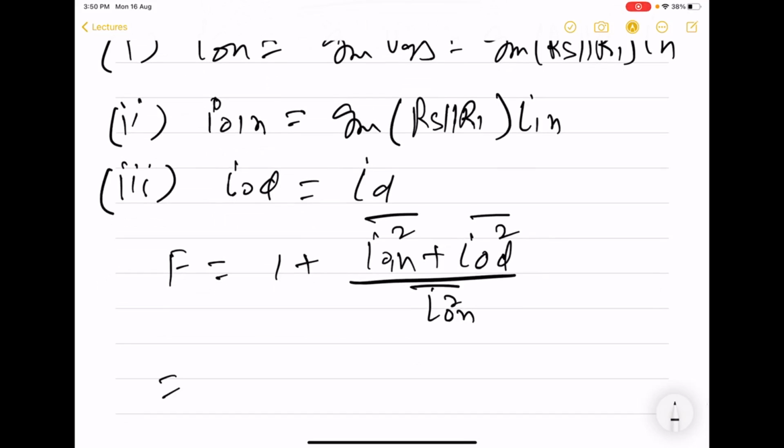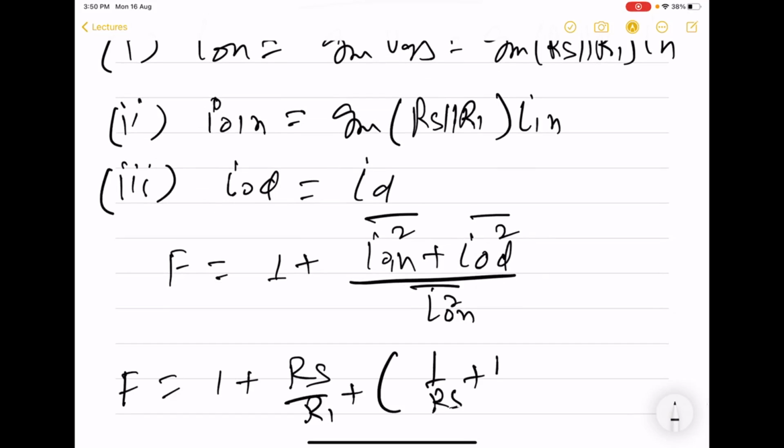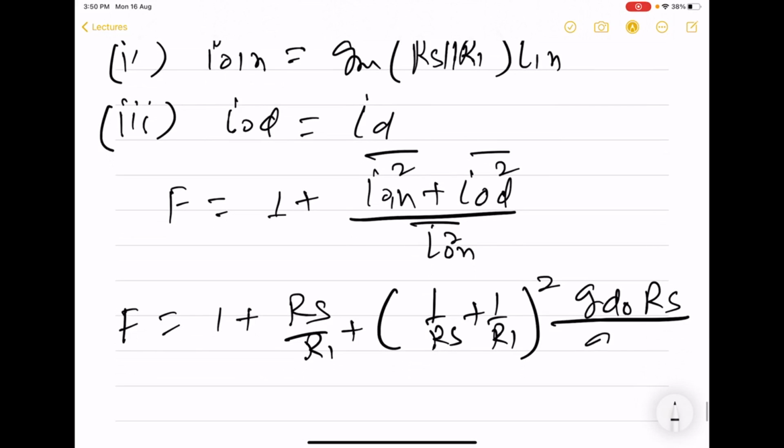Here also we can carry out this exercise, and the noise factor will turn out to be the same thing that we have already derived, that is 1 plus RS by R1 plus 1 by RS plus 1 by R1 whole square GD0 RS by GM square.